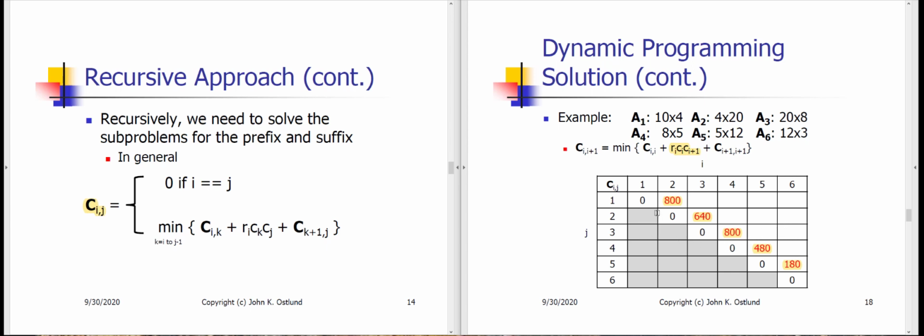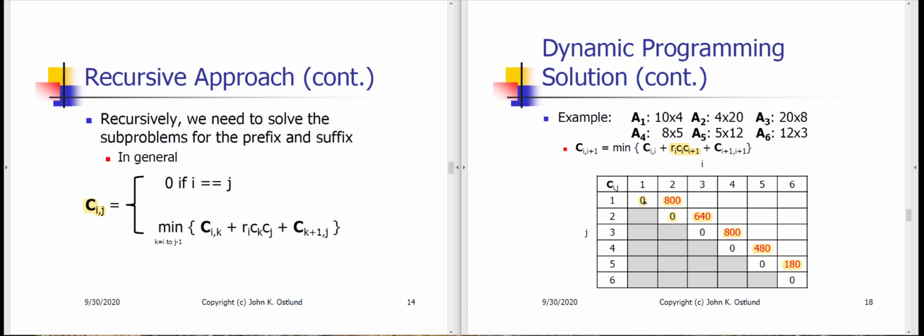Now, mechanically, if we're writing code to do this, notice that this number that we're computing here is the sum of C sub 1, which is 0, plus that product, R1, C1, C2, which is 800, plus C sub 2, which is 0.